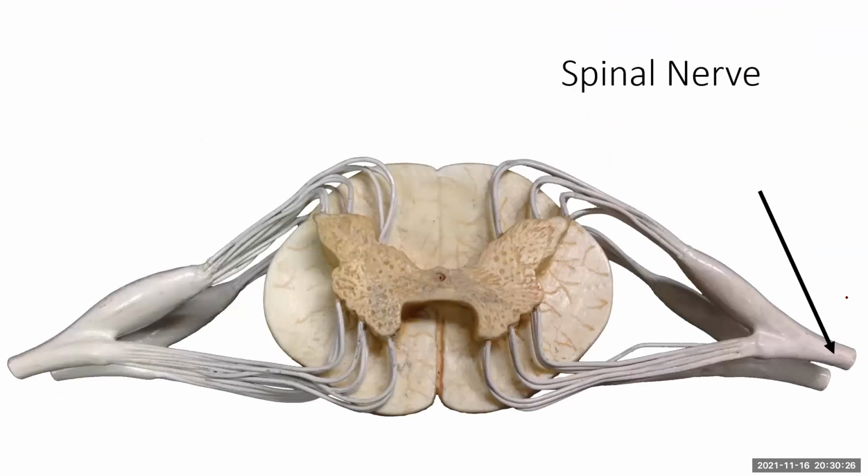Spinal nerve is a mixed nerve. Don't forget, it has both sensory and motor neurons, but when it bifurcates, the sensory neurons go here towards the back, and then our motor neurons are coming from the front. Okay, keep that in mind. Spinal nerve, mixed nerve.